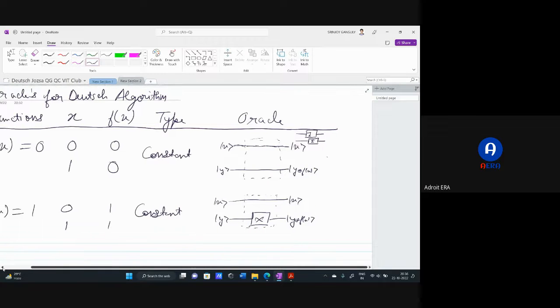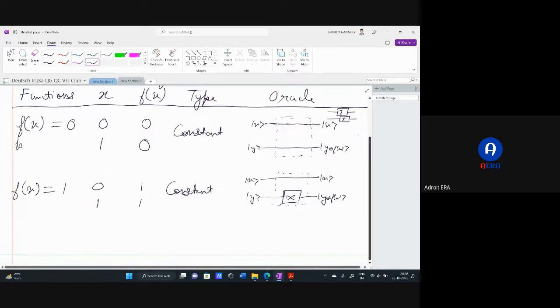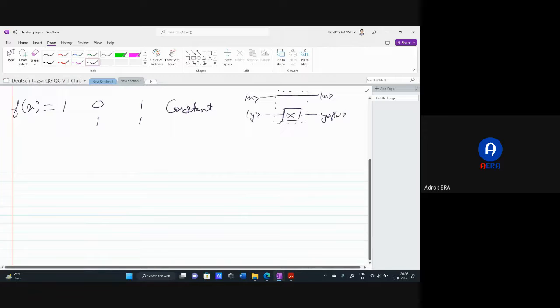And then secondly, we have f of x is equal to x. So this is f2, and f0, f1, f2, remember from what we have studied just now: 0 1 0 1, right?